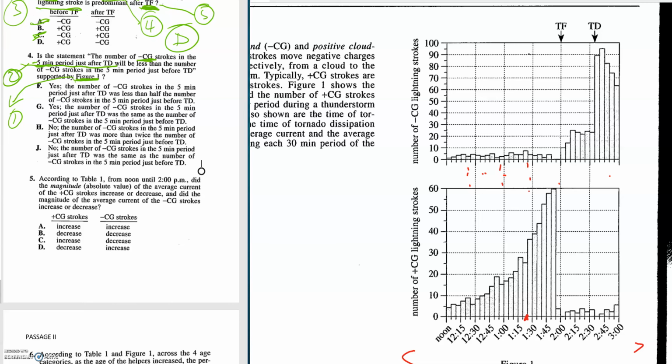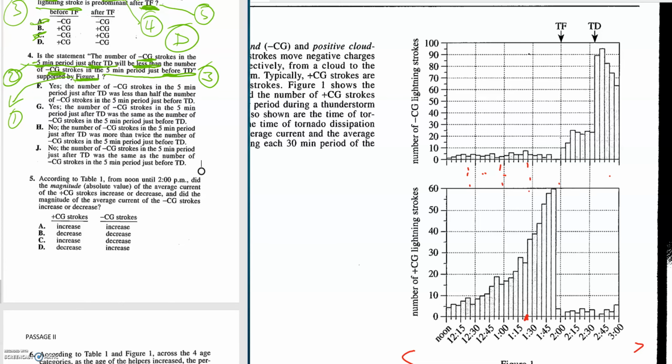That'll be 2. And it's saying it will be less than the number of negative CG in the 5-minute period just before. So we have to find the negative CG strokes in the 5-minute period just after, and then the 5-minute period just before.